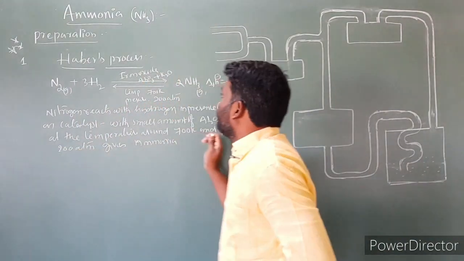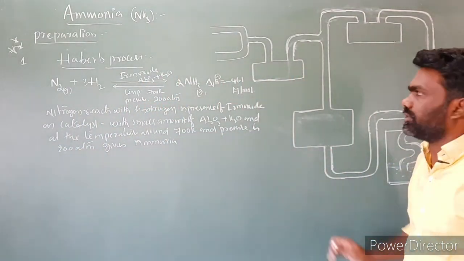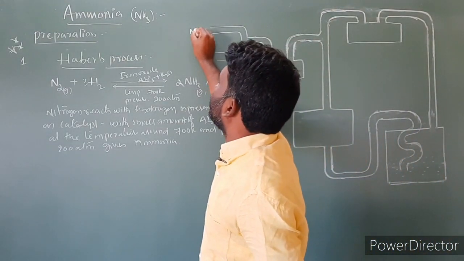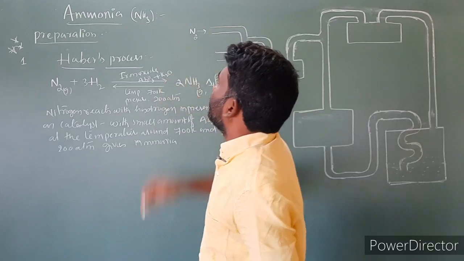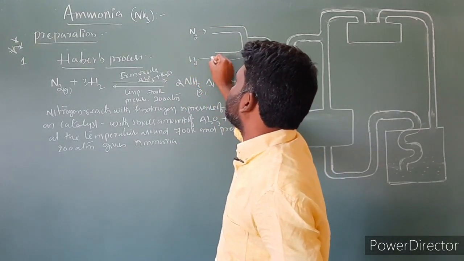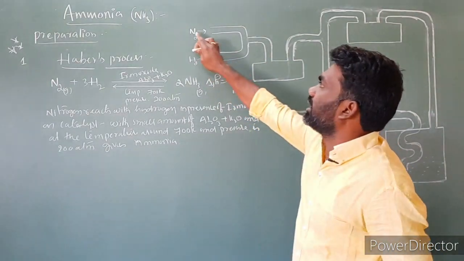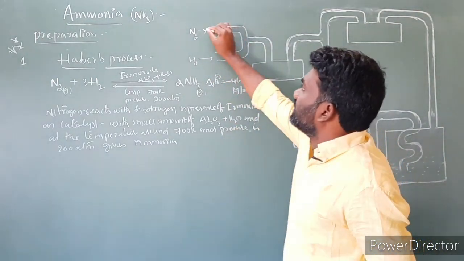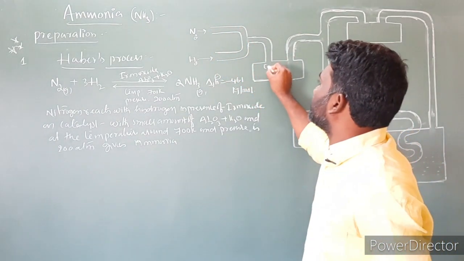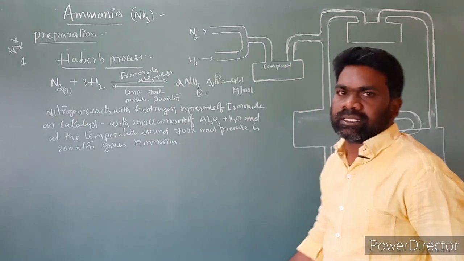So this is the flowchart for manufacturing of ammonia by the Haber process. Look at this. Here I am taking nitrogen gas, which is pumped from here, and hydrogen gas passing through this one. The nitrogen and hydrogen gas we have to pass into a compressor.